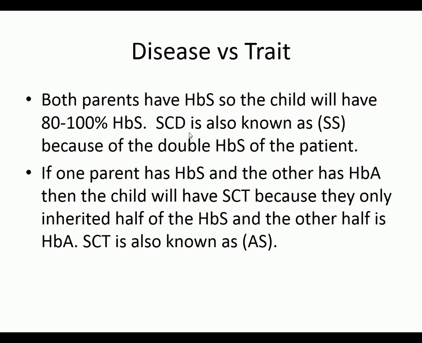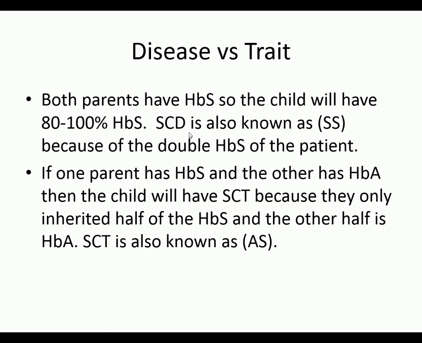Look at your pediatric book for good definitions of sickle cell disease and sickle cell trait. Sickle cell trait is also known as AS because you have your hemoglobin A's, which are normal, and then you have a hemoglobin S with them. In sickle cell trait, the patient carries the sickle cell and can pass it on to their children.